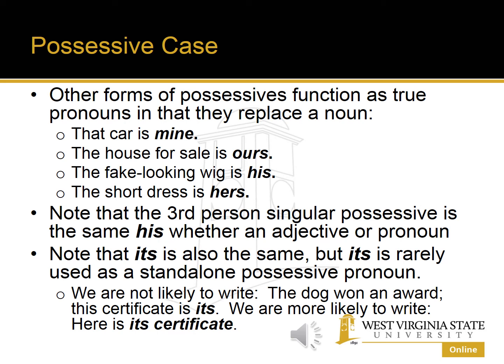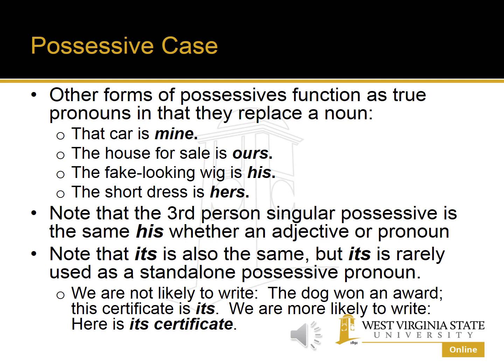And some of these have different forms from the possessive adjectives. So, for example, that car is mine. Mine is different from my. My is the adjective. Mine is the pronoun in its pure form.